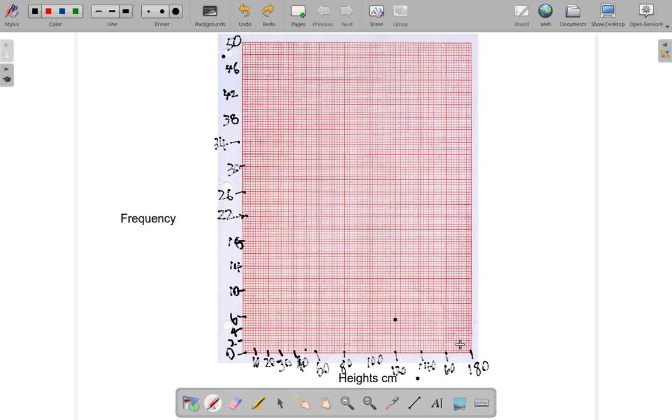If you do that, all the graph would be taken up by only this tiny little portion of the graph paper, and you don't want to do that. All right? Now, in order to correct that problem, what you do is this.